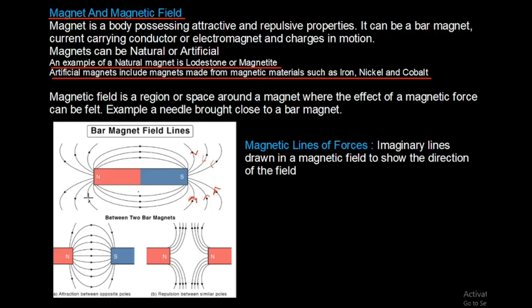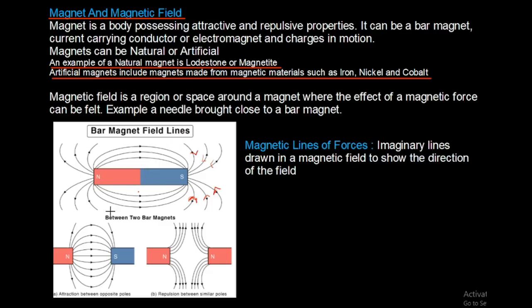So we have it coming from the north and ending on the south pole. The same thing here, north and ending on the south. That's what the magnetic field looks like around a bar magnet.